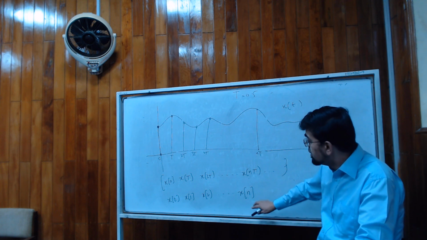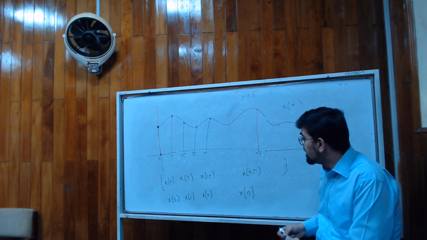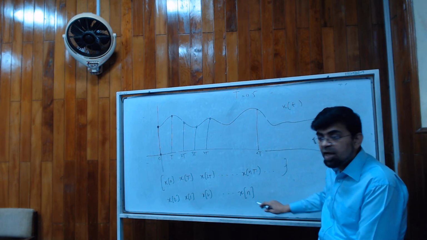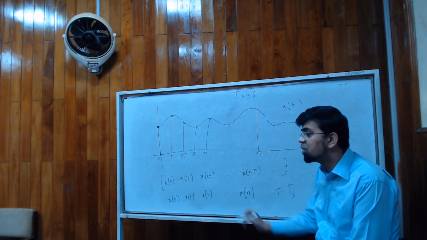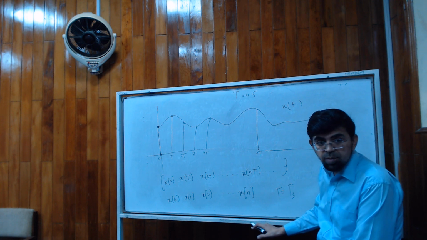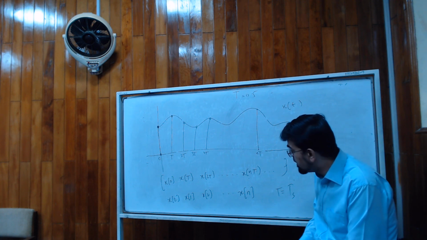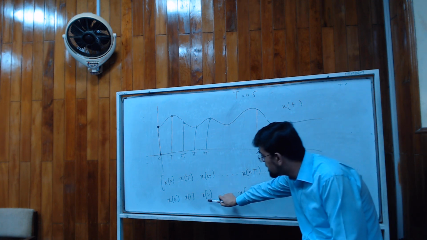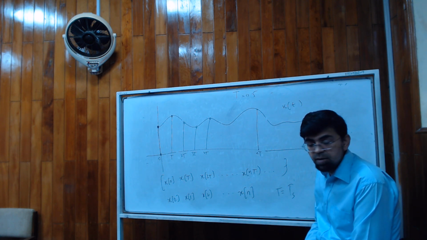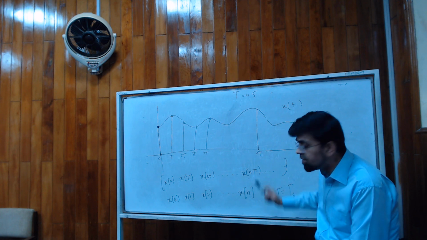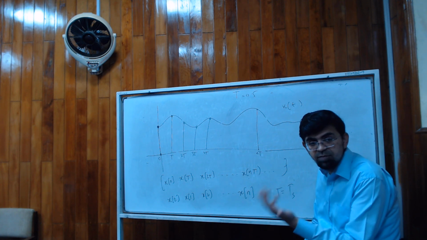So all you need to do now, if I give you these values and I tell you that my sampling time was Ts, now you know everything. Why? Because now you can tell me exactly when x2 happened. It happened at 2Ts. This one happened at nTs, whatever that value is.